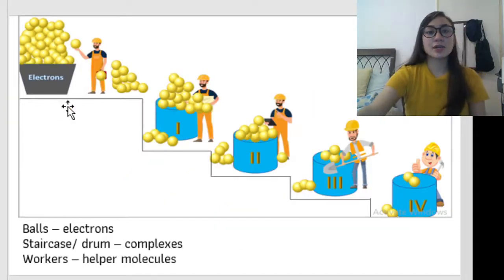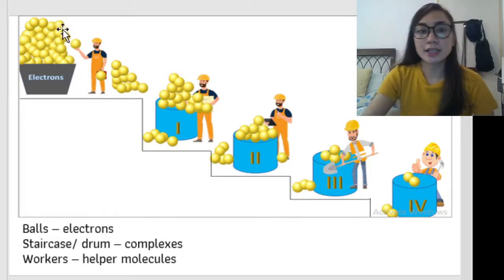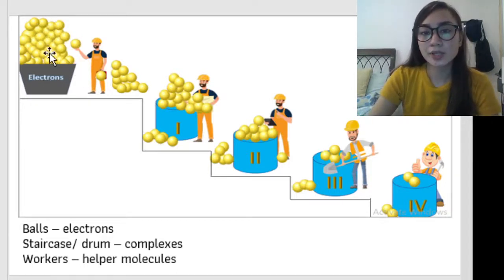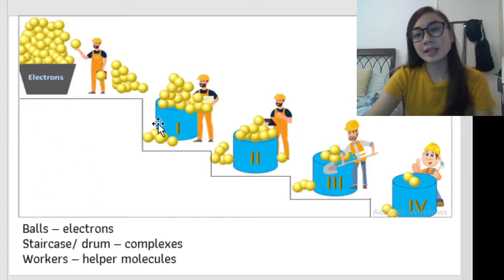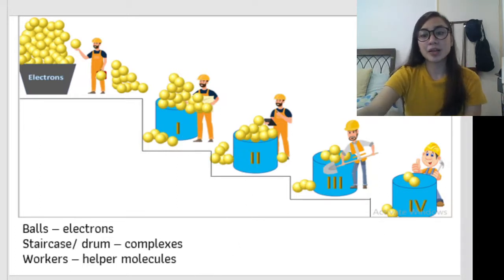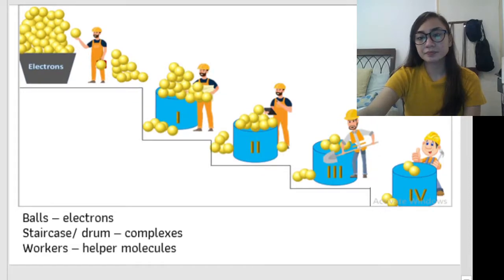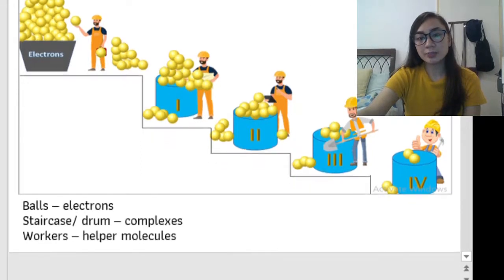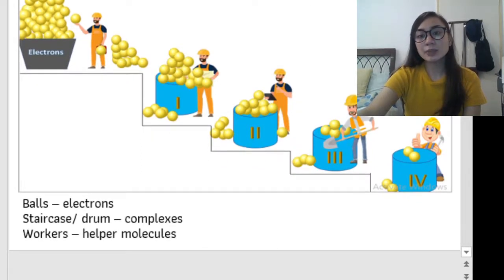So, as you can see, ang balls natin dito or yung yellow balls here, yun ang representation ng ating electrons. And the staircase or yung drum natin na color blue here are the complexes. So, meron tayong 4. And the workers itself are the helper molecules o yung mga pumipick up ng electrons. So, I have notes here that just imagine, we have literally multiple workers.